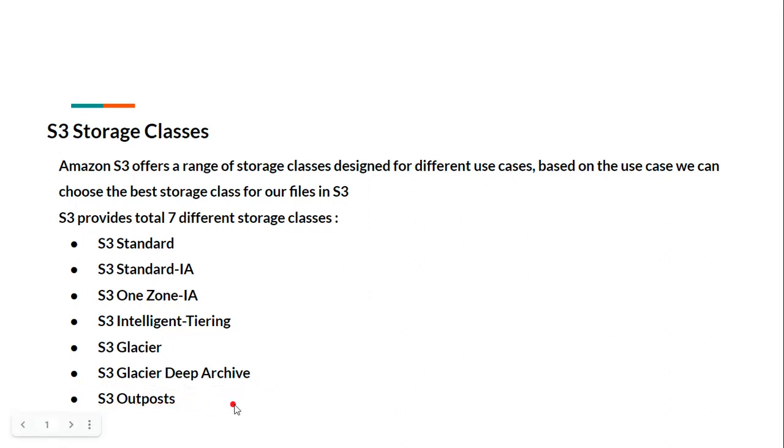S3 storage classes can be configured at the object level, and a single bucket can contain objects stored across S3 Standard, S3 Intelligent Tiering, S3 Standard Infrequent Access, and S3 One Zone Infrequent Access. You can also use S3 lifecycle policies to automatically transition objects between storage classes without any application changes. Now let's learn more about each of these classes in detail.